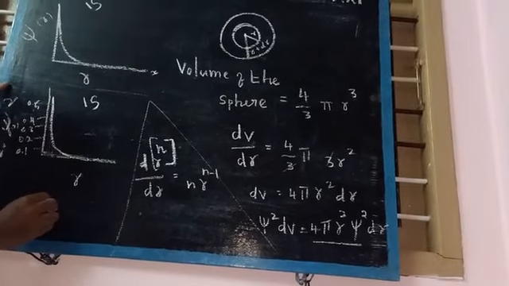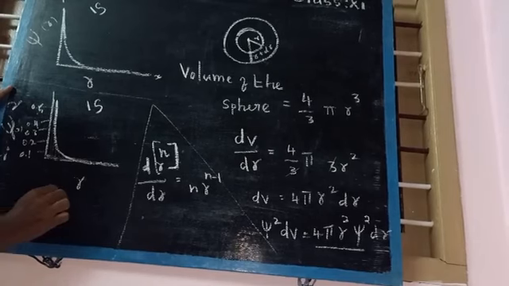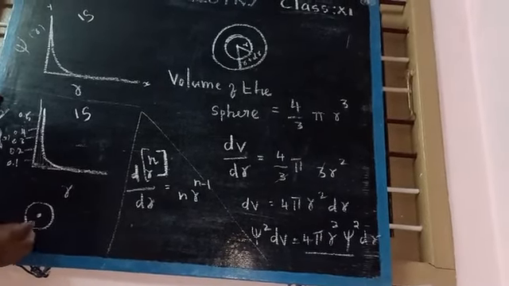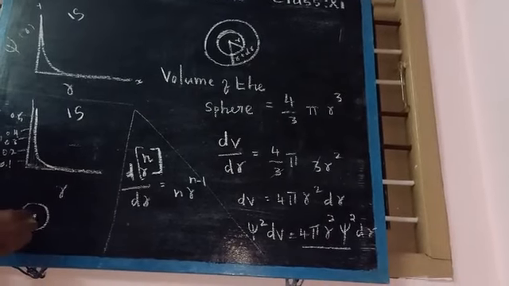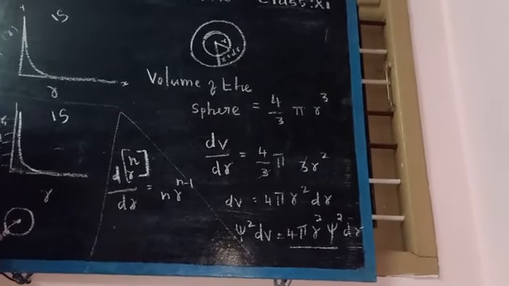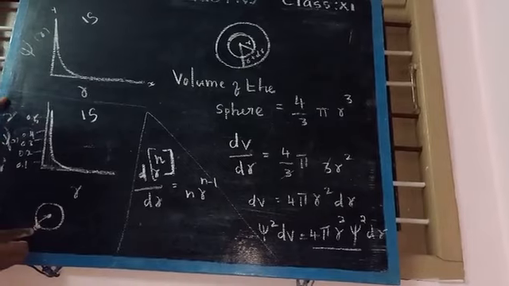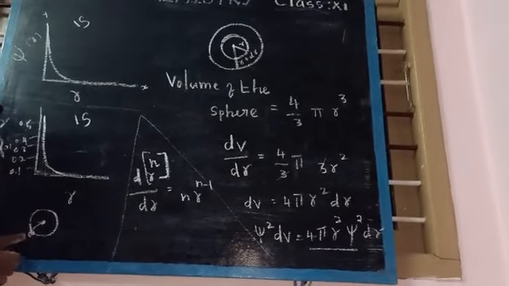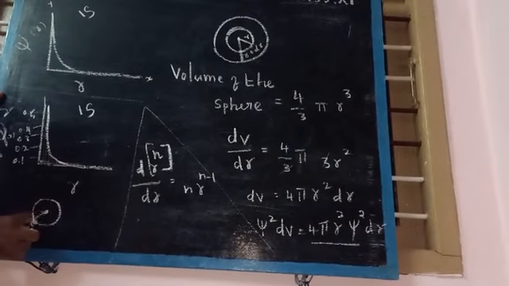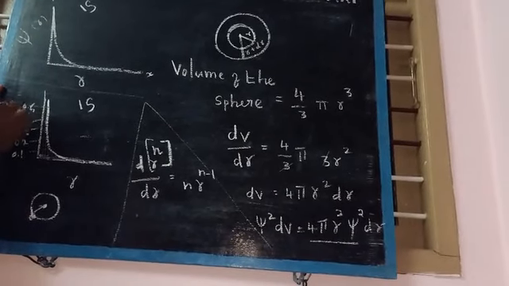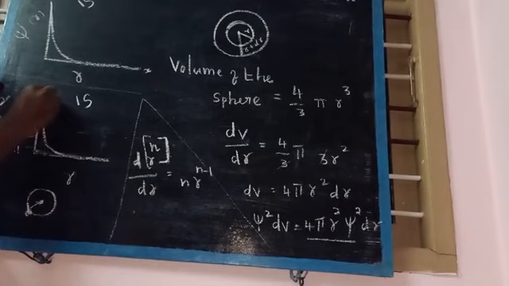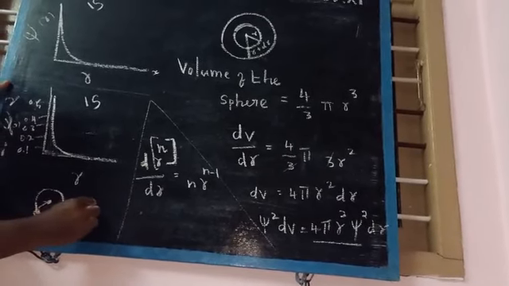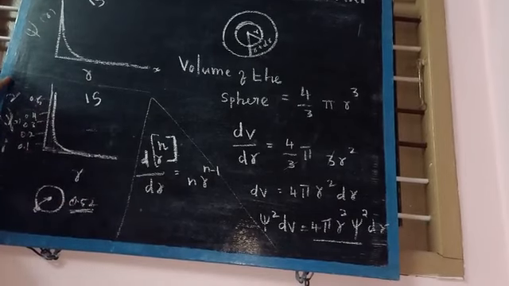Now, the center is the nucleus, and the electron revolves around it. If the electron is present here, to measure the distance, that is the radial distribution of probability, that alone we study here. From this graph the distance is 0.52 for the 1s orbital.